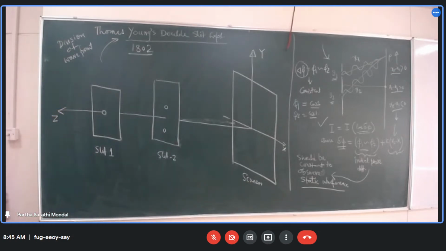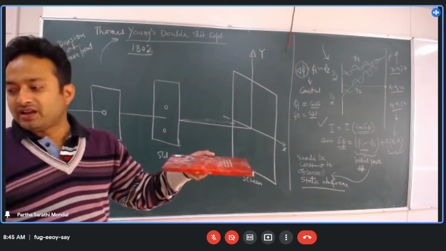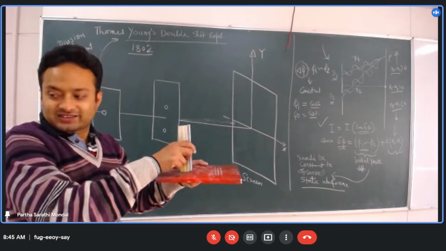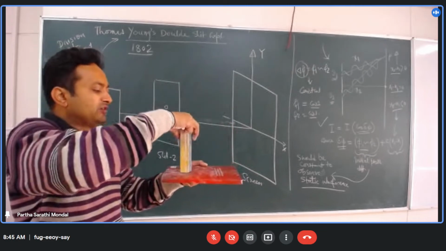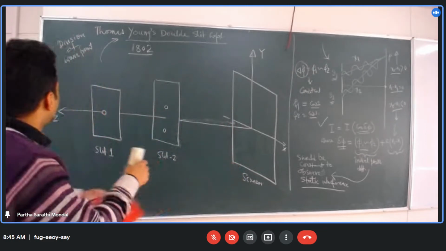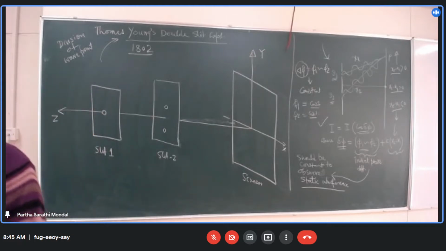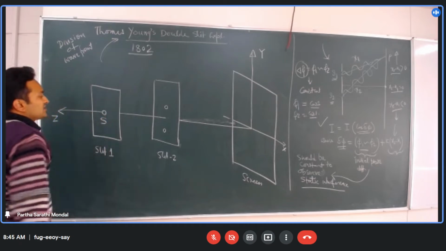So suppose this is the flat board of the table for the experiment. This is your first screen, then you will have a second screen, then a third screen. In the first screen, we have one single hole, and behind this hole you have a source. Let's say this is a source S, the original source.